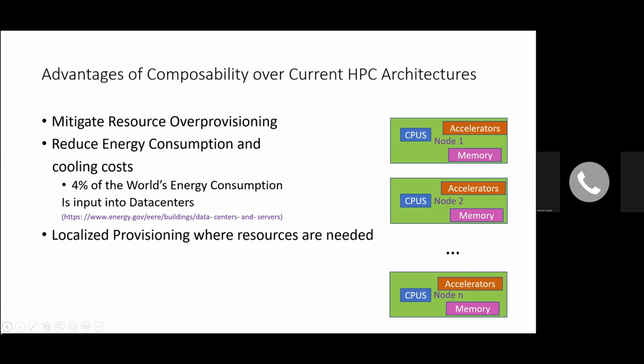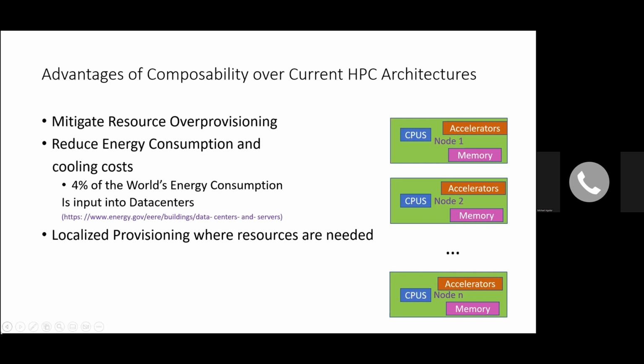One issue is that as an architect, you need to over-provision the nodes to allow for application codes that require those resource components. All of the nodes are powered up. All the resources in the nodes are drawing energy at all times. Not all the applications are going to be using those resources. So since we're over-provisioning our nodes, we're actually wasting energy.